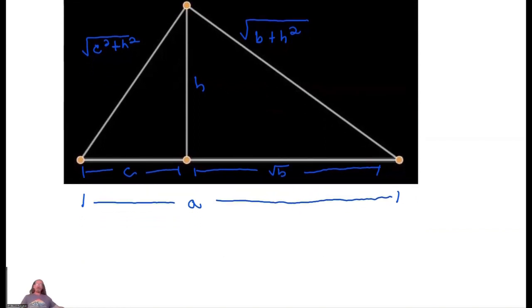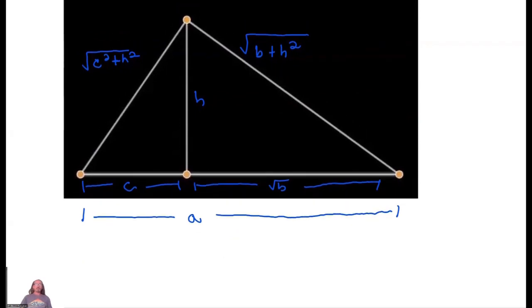All right, so the same process. We want this to be a right angle as well, so that we can apply the converse of the Pythagorean theorem.